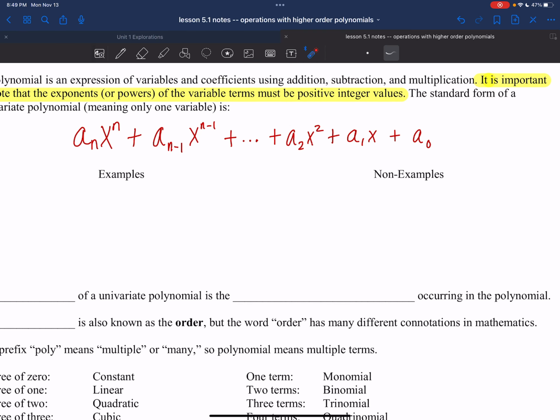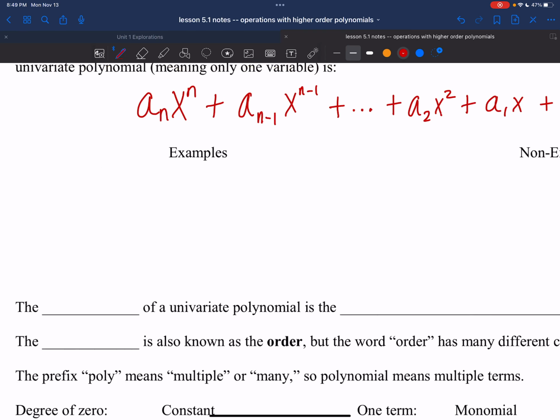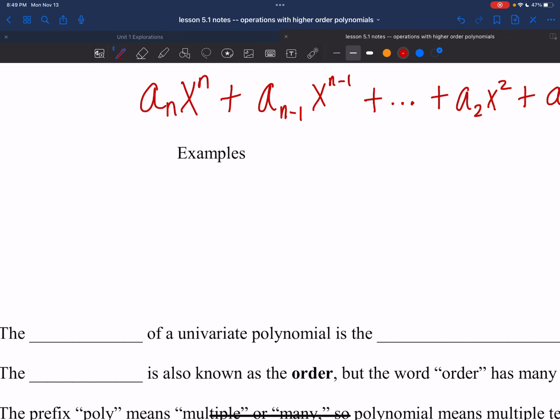Anyway, here are some examples. What are examples of polynomials? Well, it could be, let's say, 4x cubed minus 2x. There you go, there's an example. How about x squared plus 1/2 x plus 2? There you go, there's another. How about 3? Yeah, that's fine, you could have a constant.